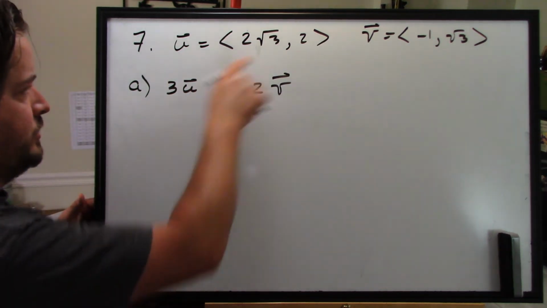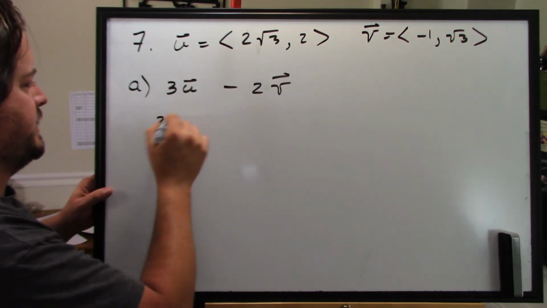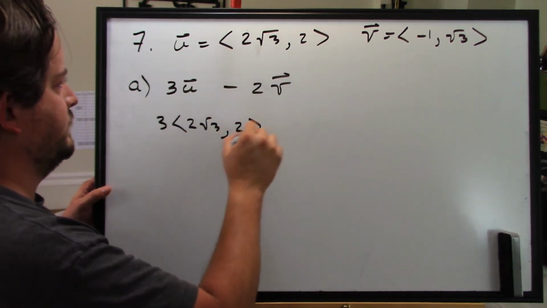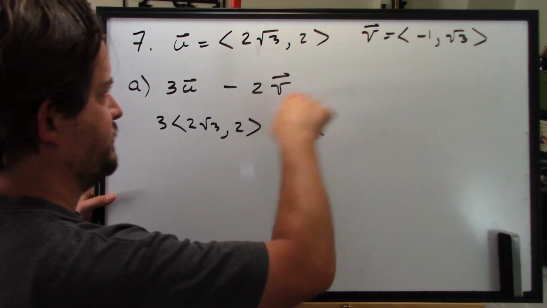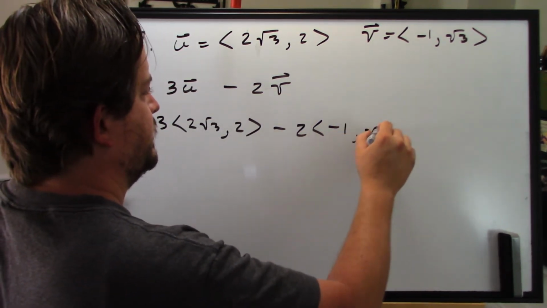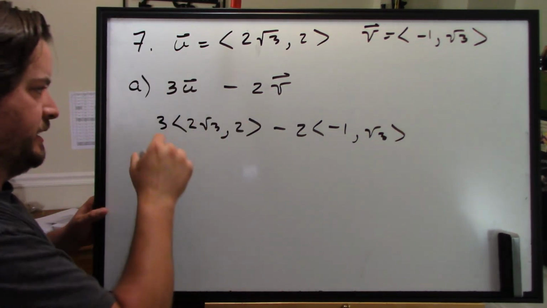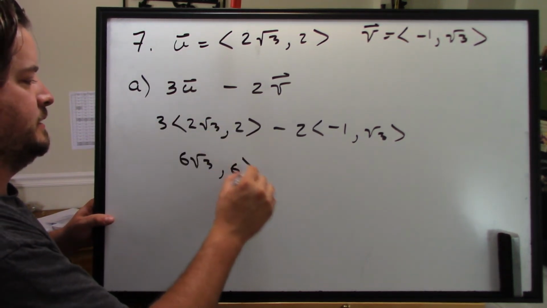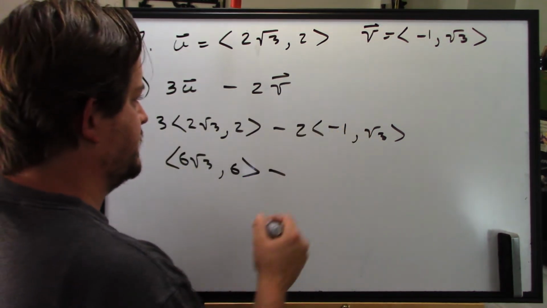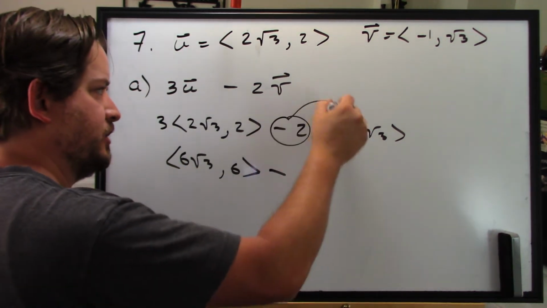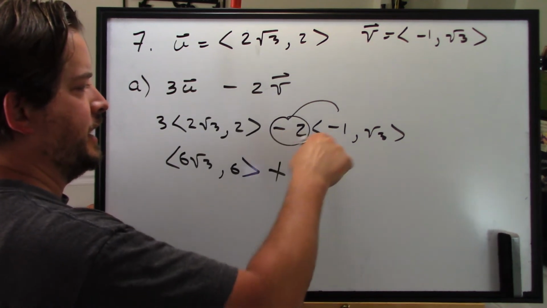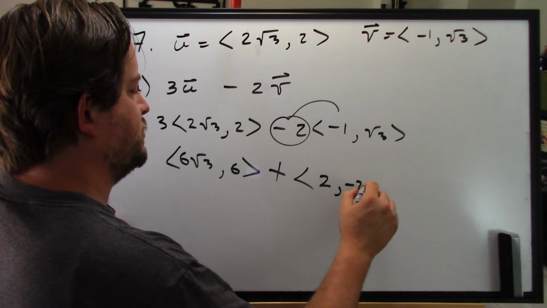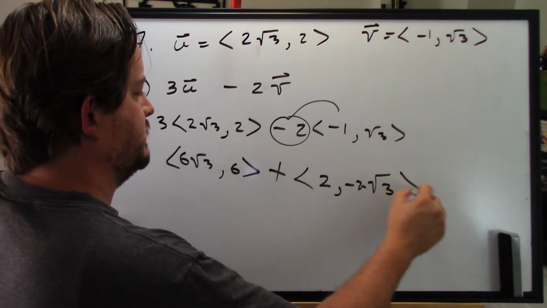And so I'm just going to replace these, so this is 3 times 2 root 3, comma 2, minus 2, and replace v with negative 1 root 3. Distribute these through, so that becomes 6 root 3, comma 6, minus, and I'm going to take the minus in there with it, so this becomes plus, negative 2 times negative 1 is a 2, negative 2 times root 3 is negative 2 root 3.